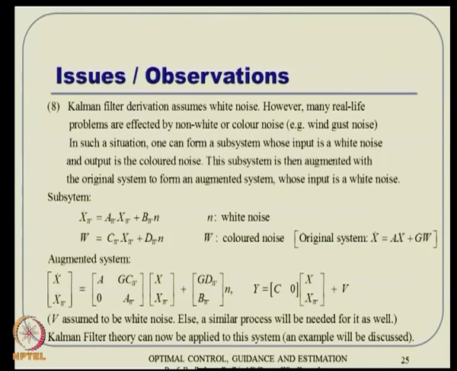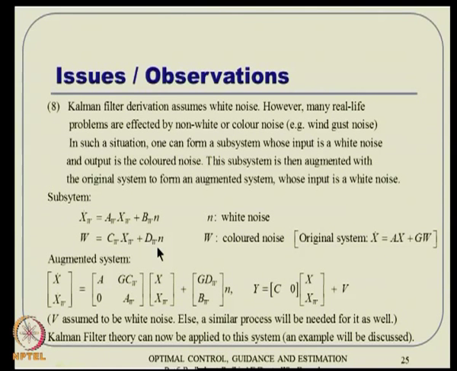Then you augment these two together, and then you will get what you really want. I gave this example a little while before, or maybe in the previous lecture. This is a very neat concept, because many times the noise is actually colored.